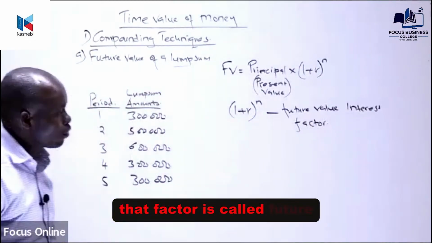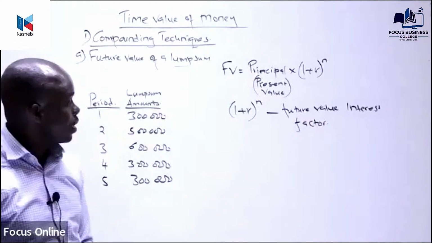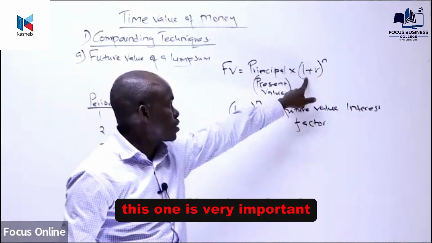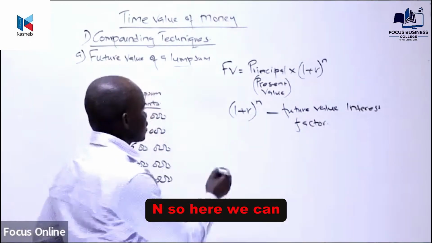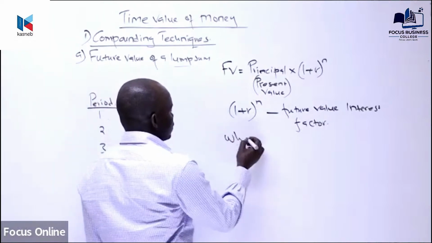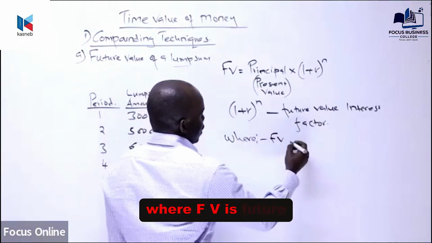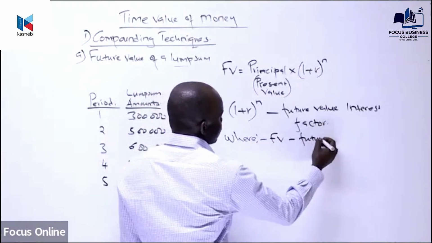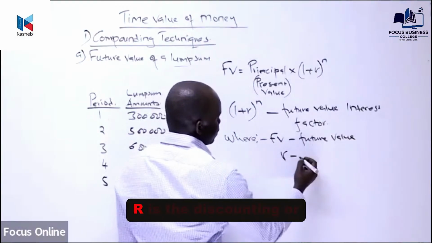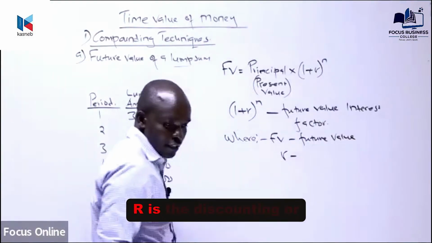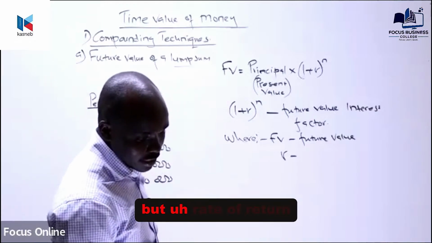That factor is called the future value interest factor. This one is very important: 1 plus r, in brackets, power n. So here we can say where FV is future value, R is the discounting, or not discounting rate, but the rate of return.